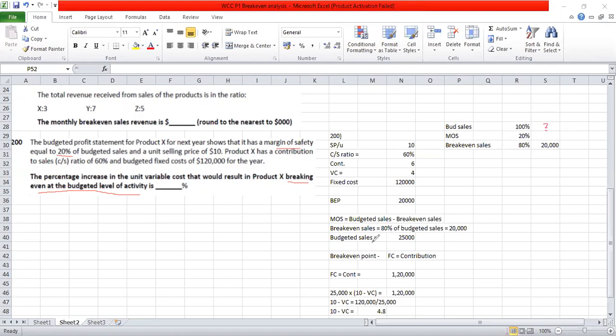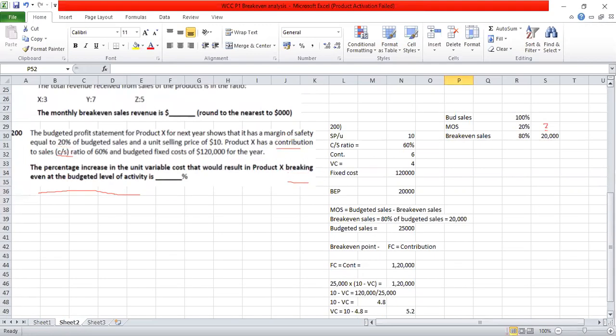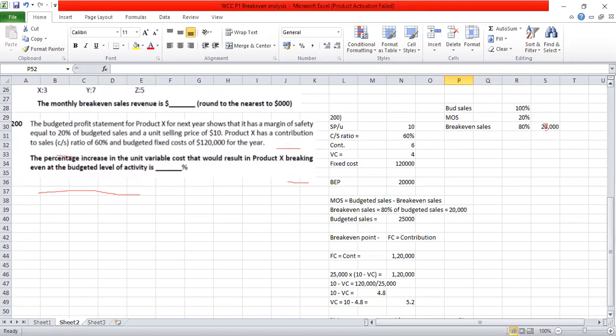Budgeted sales comes out to be 25,000. Now 25,000 units is where they should break even. That is one condition. If they have to break even at 25,000 units, then one more condition is that the fixed cost and contribution are equal.